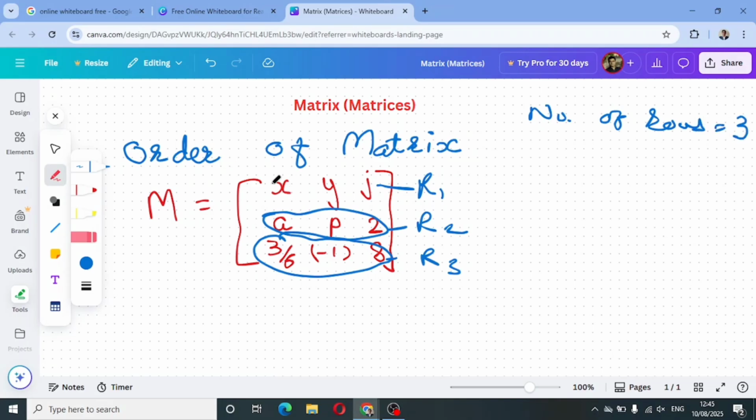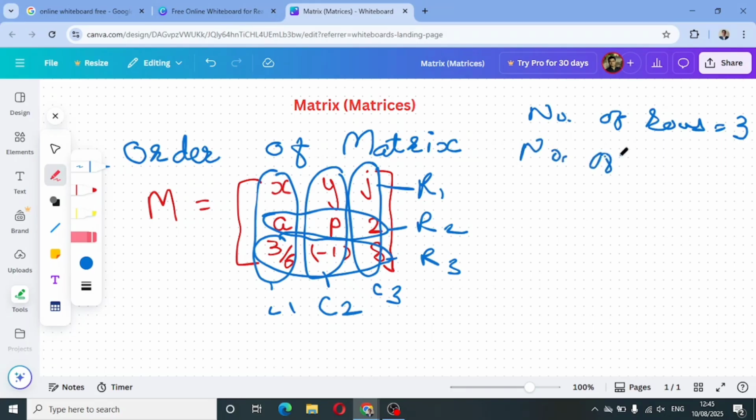Similarly, you can observe here this one is called column 1. The next one is called column 2, and the last is column 3. So here we can write the number of columns is also 3.